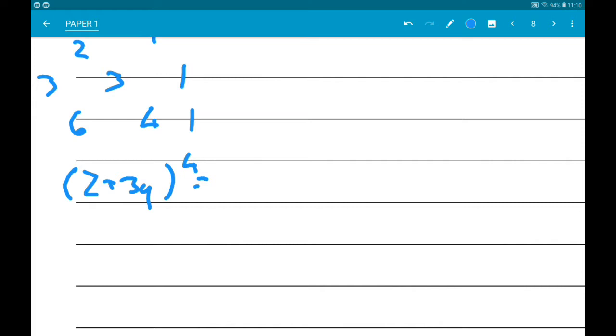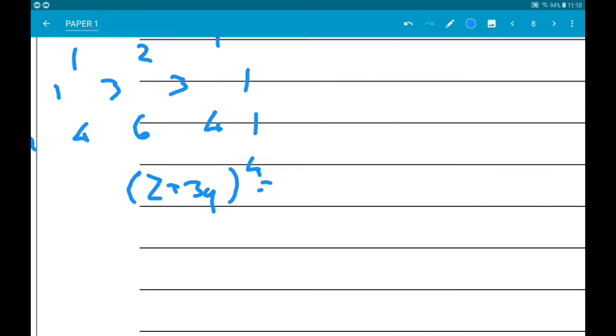Okay, so first term, the coefficient is 1. Now we get 2 to the power of 4, and then 3y all to the power of 0. So that's just 2 to the power 4. Now for the next term, our coefficient is 4.